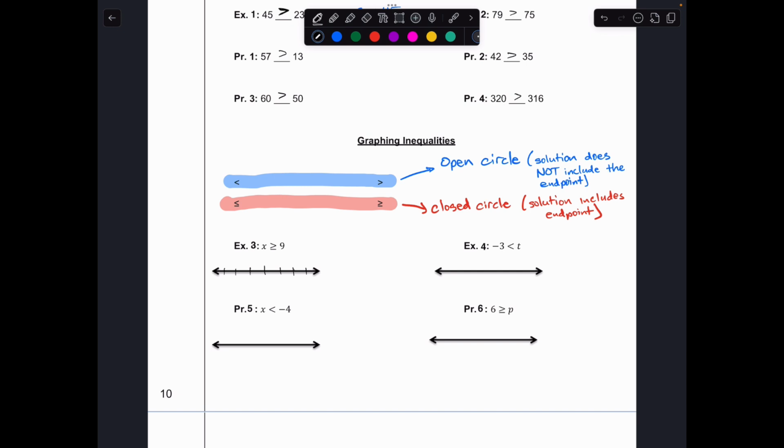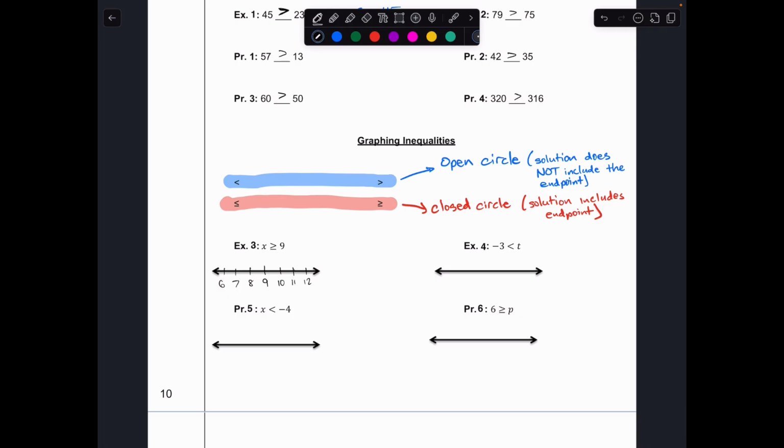And whatever we're comparing it to, in this case, we're comparing x to the number 9. Put that somewhere near the middle, and you should have a number or two above and a number or two below. So after 9, 10, 11, 12, something like that. And 8, 7, 6. That's plenty. You really could just have 8, 9, and 10 if you wanted.